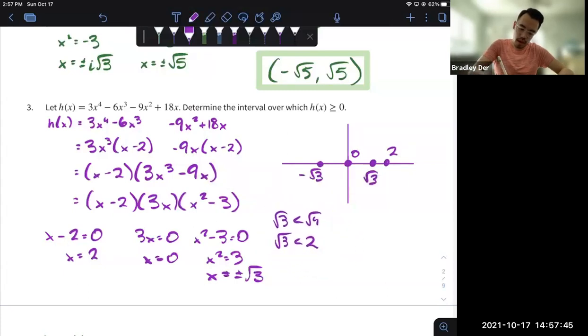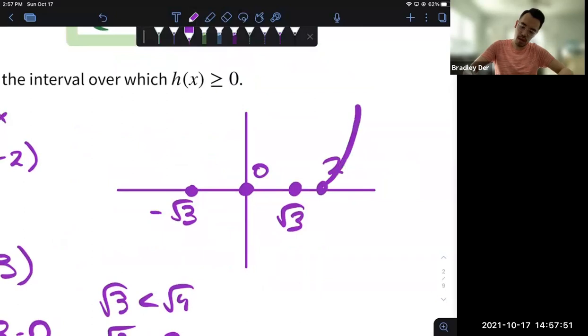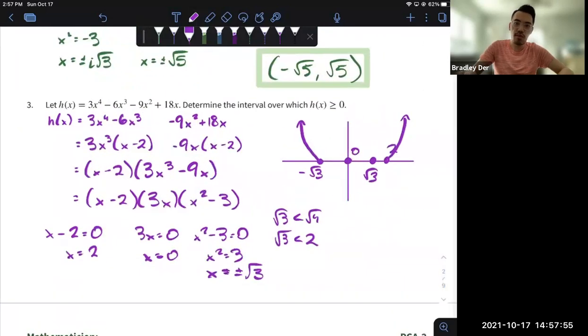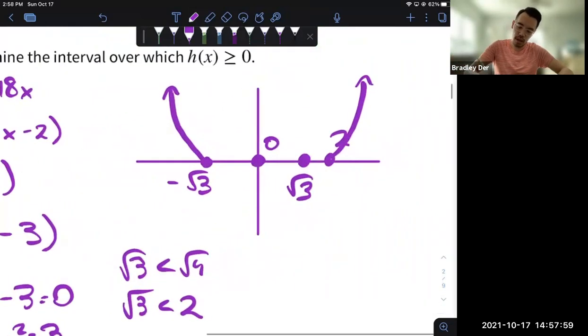All right. Again, an even degree and a positive coefficient would give these tails. All of our roots had a multiplicity of 1, so there is no bounce. It's all going to be crosses. So cross, cross, cross, cross. Then we're looking for intervals where h of x is greater than or equal to 0.